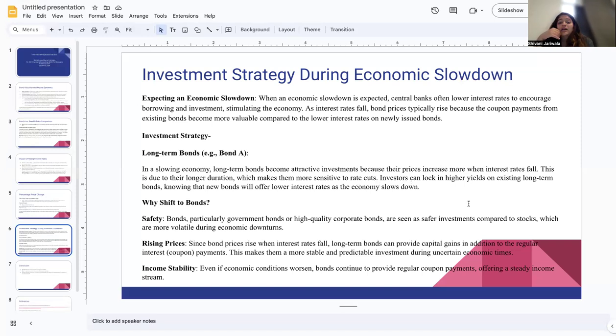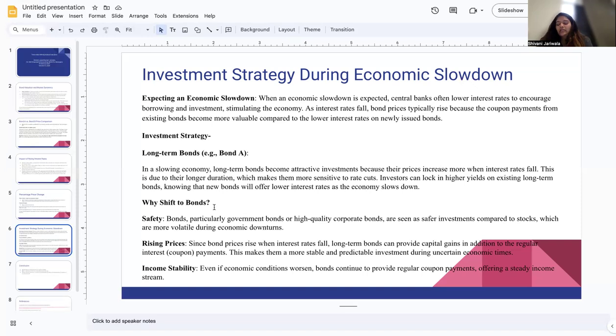rate cuts. Investors can lock in higher yields, that is a higher price on existing long-term bonds, knowing that new bonds will offer low interest rates as the economy slows down. Why shift to bonds? That's a good question. A lot of people, even today, are very scared of bonds.